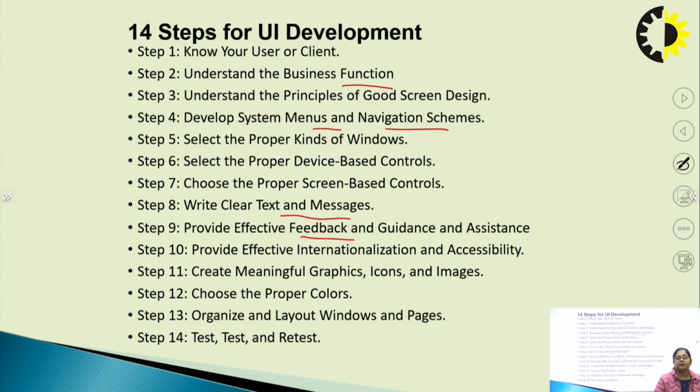Step 10 is provide effective internationalization and accessibility. Whatever you develop, whatever you design, it should be accepted by all international organizations. If you develop a website, that website is going to be published internationally, even in India, even in US, even in Nepal.